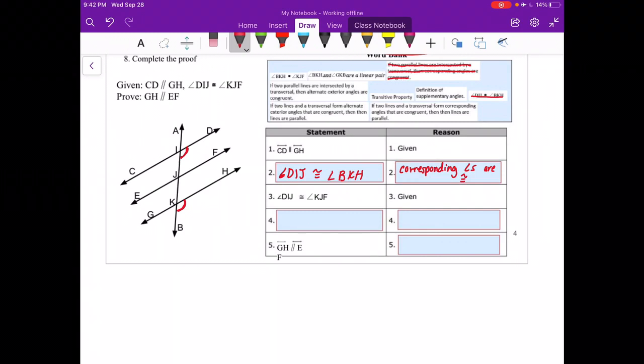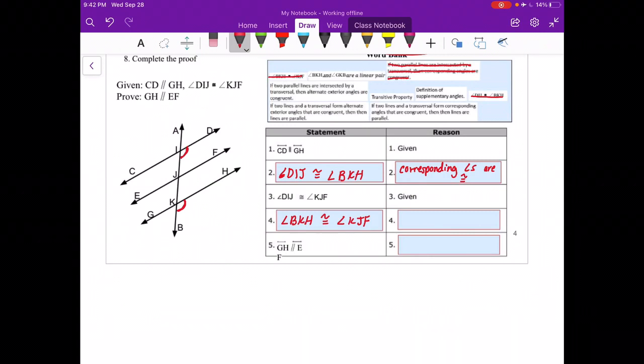Once again, if you think about this logically, the only one that really makes sense here is the fact that angle BKH is congruent to angle KJF. Now, for this reason, we actually have to look through statements 2, 3, and 4 together.